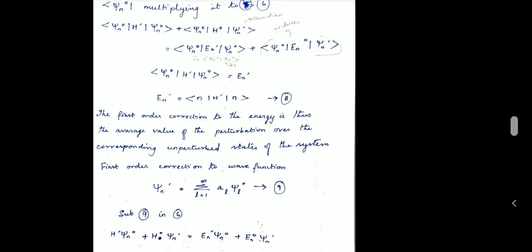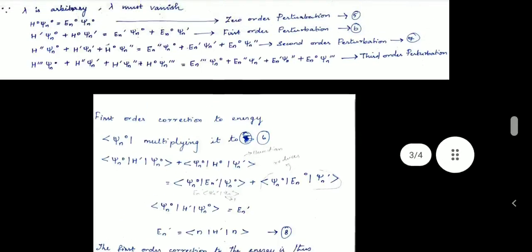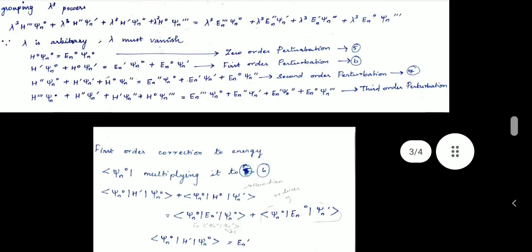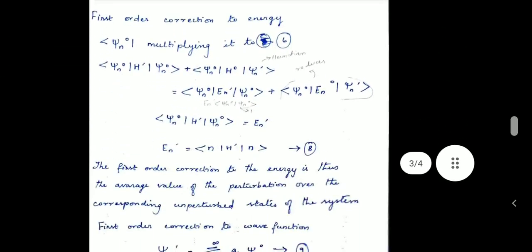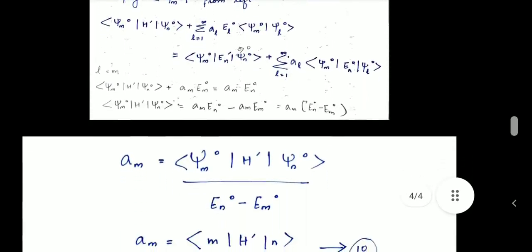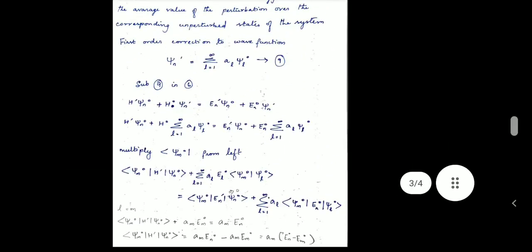So substituting this 9 in the sixth equation, that is the first order perturbation equation, we get that H dash psi n naught plus H naught summation of L is equal to 1 to infinity A L psi L naught is equal to the other side.